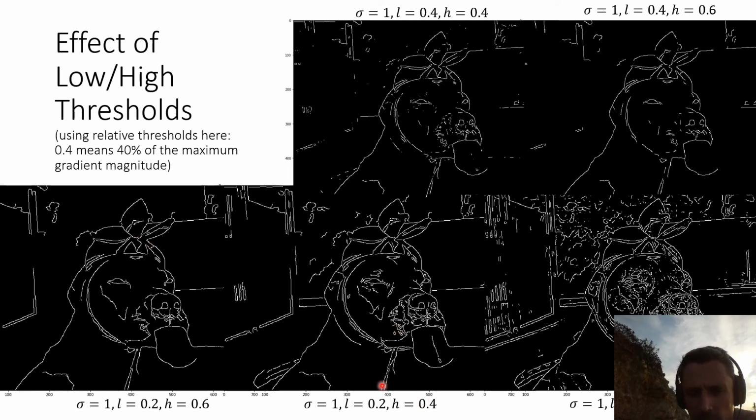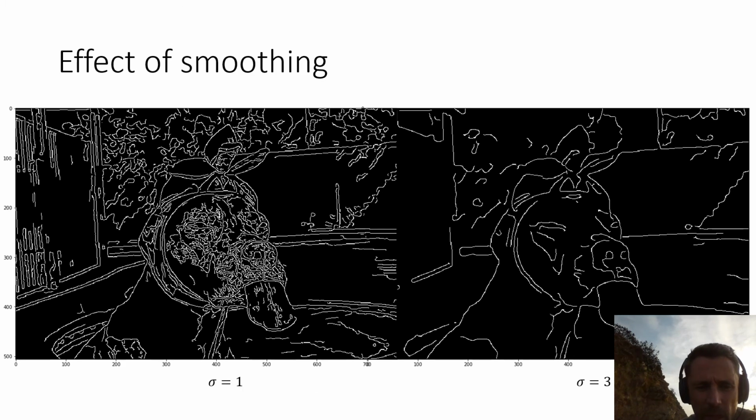Okay, and then obviously you can have much worse configurations. The thing is, you have to find those yourself. There's no way we can tell you what are optimal values for a given image. That's what you have to obtain empirically. Now, the smoothing factor plays a very important role. So we use, for example, here sigma equals 1, and that means the smoothing is not as strong.